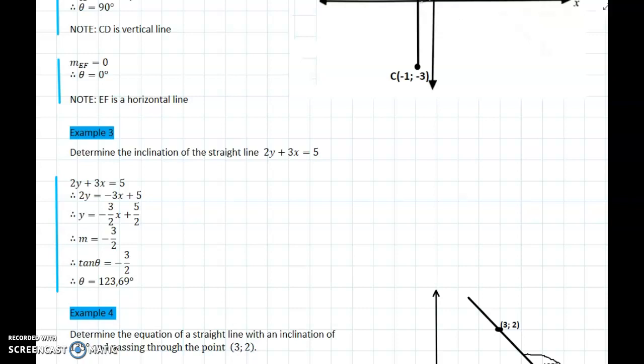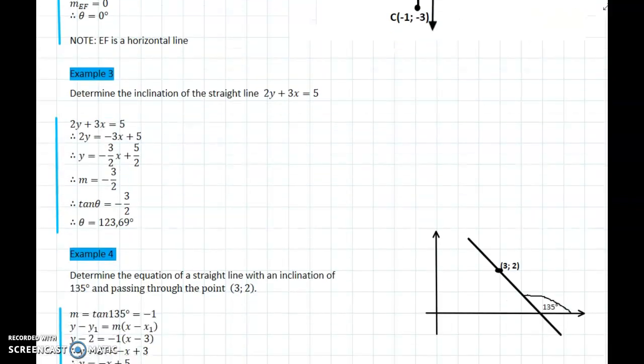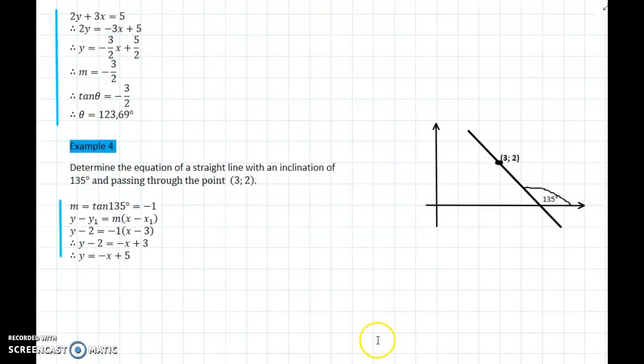Let's look at example 4. It says determine the equation of a straight line with an inclination of 135 degrees and passing through the point (3, 2). So I've made a sketch here just to illustrate what it looks like. So it has an inclination of 135 degrees.